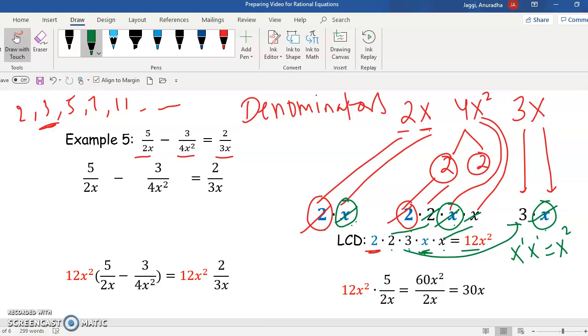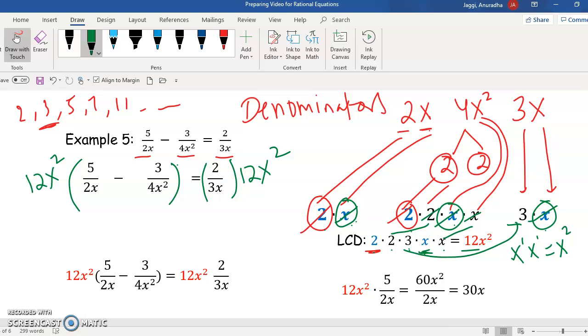And you're very well aware of the next step. You're going to put the parentheses around the left hand side of the equation and across the right hand side. What do you do after that? You multiply both sides with the least common denominator.